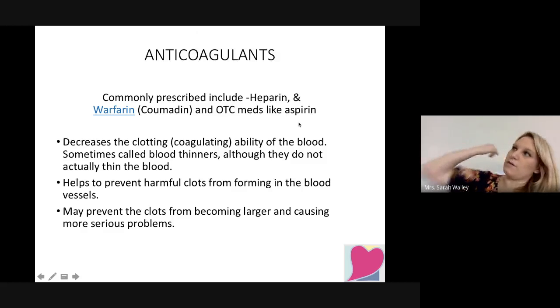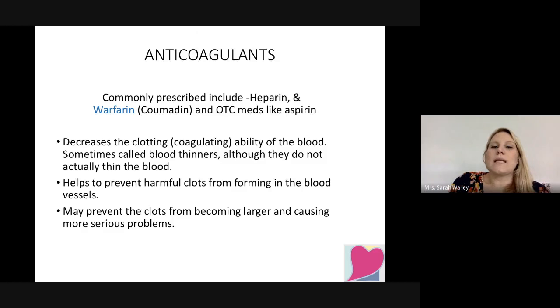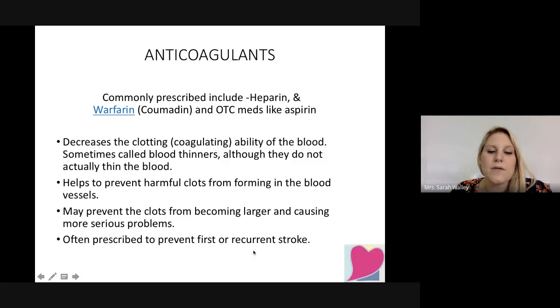I just found out a friend of a friend recently had a heart attack and stroke, and then they put him on heparin in the hospital to try to thin the blood out to help him, but it ended up causing him to have a brain bleed, because heparin is a really intense blood thinner, and I guess it caused bleeding on the brain, and then he ended up dying. So that was a side effect of a medication. It's sad. So sometimes they can be life-saving, other times they can cause problems too. And they're often prescribed to prevent first or recurrent stroke.